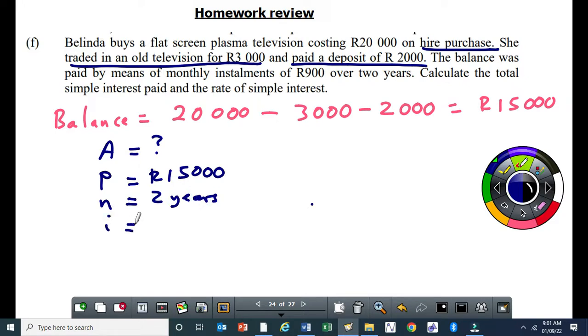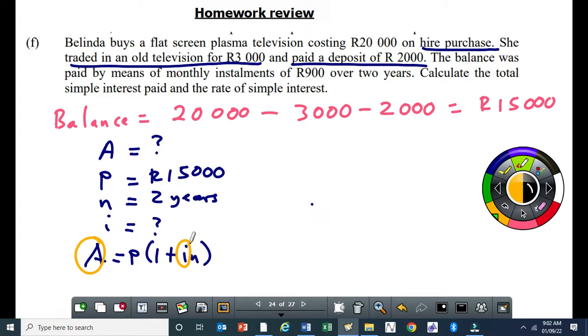And the interest rate is not given. So we have two unknowns. If we try to use the formula A equals P times 1 plus I times N, we are going to have problems because two of those unknowns are not given. We don't know A, and we also don't know the interest rate.